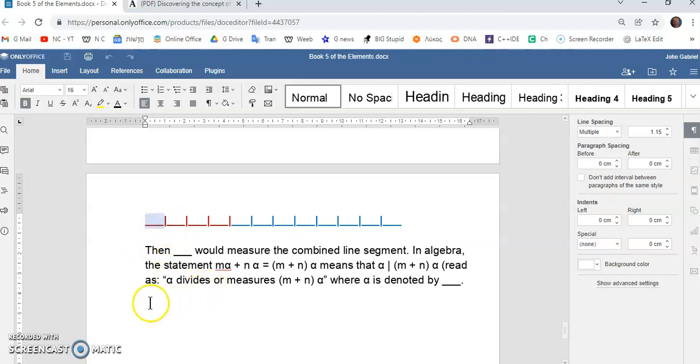But even here, it's a little dangerous to say length, because length might give a connotation of number. So we don't actually deal with anything but the concept of magnitude.